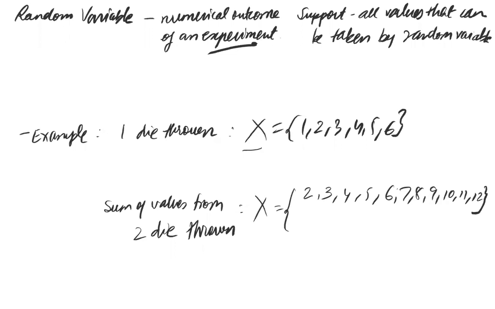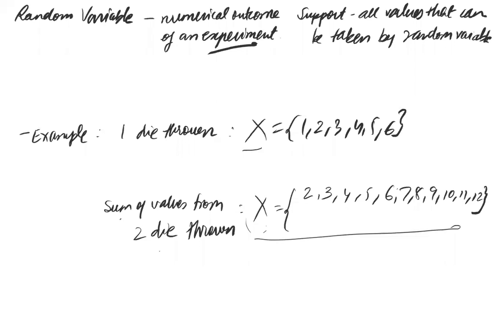The possible sums are from 2 to 12 because it starts from 1, 1 and goes till 6, 6. That's the maximum, right? This is also called the support of the random variable X, where X is the numerical outcome of an experiment where we throw two dice and find the sum of the values that show up.